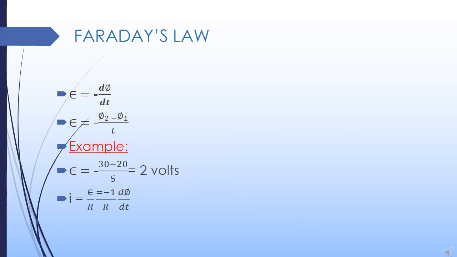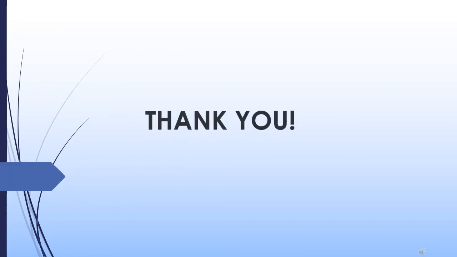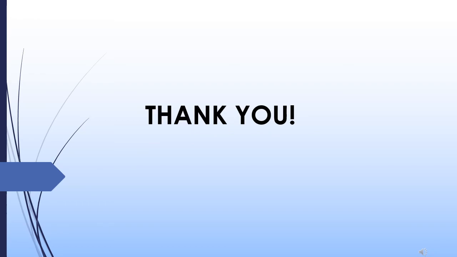This is the introduction of Faraday's law. Now this EMF which is induced and current which is flowing, this current has a particular direction, and this is described by Lenz's law, which we will discuss in the next lecture. So that's all for today. Thank you so much.